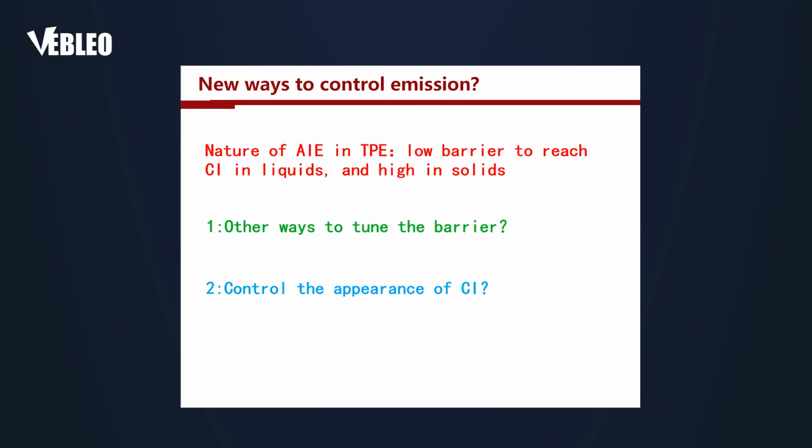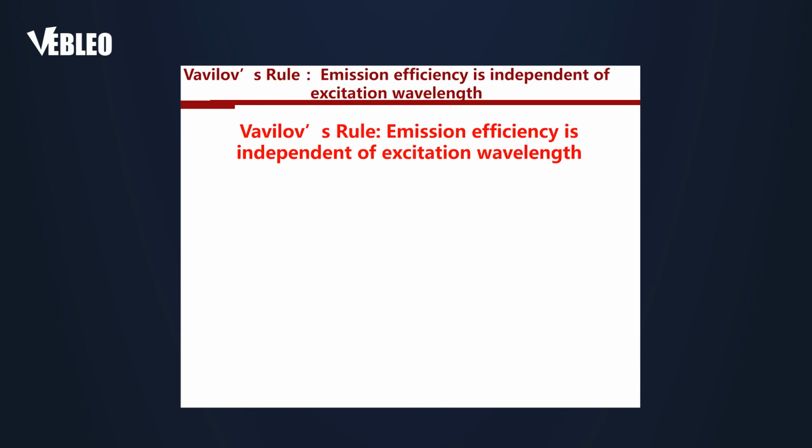So before we go further, let's look at a very famous rule in photophysics, the so-called Vavilov's rule. This rule states that the emission efficiency is independent of excitation wavelengths. And certainly we know that this rule is not suitable for molecules with multiple chromophores or multiple excited states.